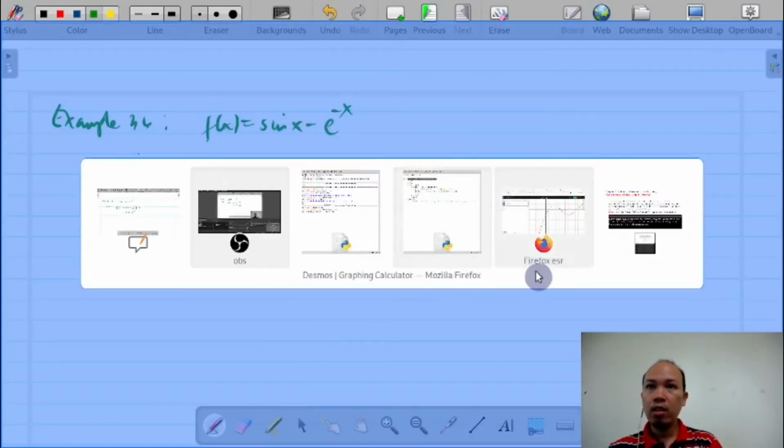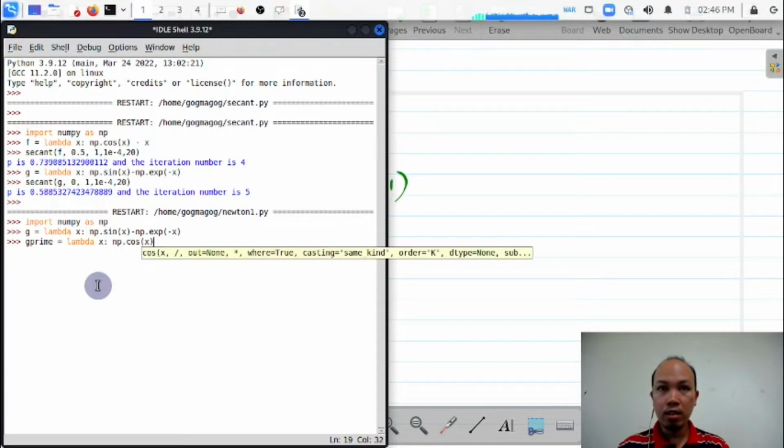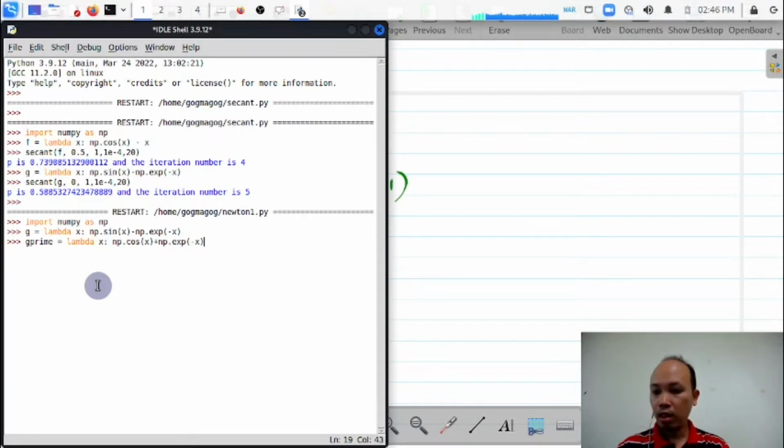So let's go now to our Python IDLE. I have to cut this first, and let's say g prime is equal to lambda x equals np.cos x plus np.exp of negative x, and hit enter.